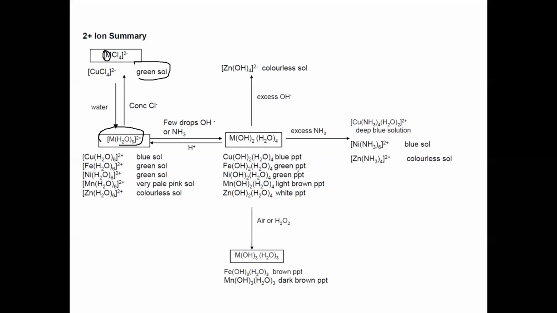Originally it was a green precipitate, and it turns to brown because iron 2 is oxidized. The same thing happens for manganese, Mn 2+. So basically we add air or any oxidizing agent such as hydrogen peroxide. We have to learn this table and memorize these things.